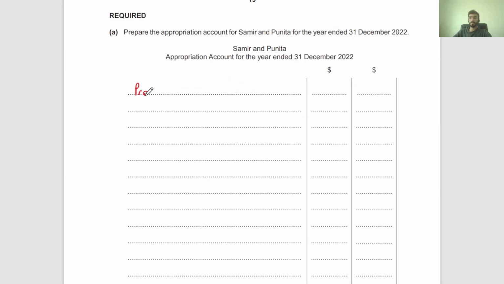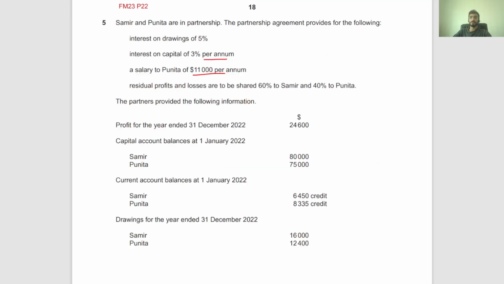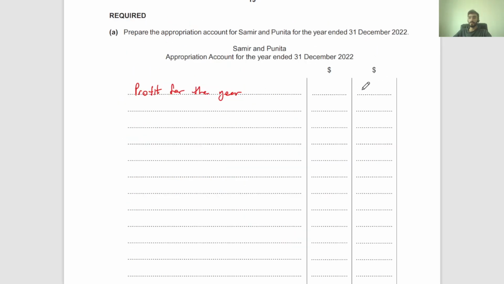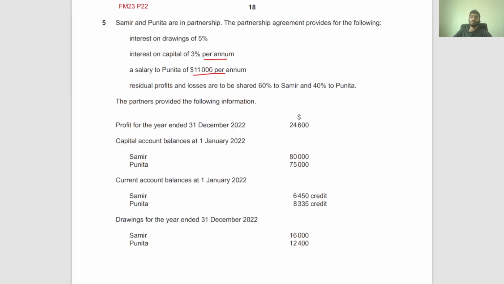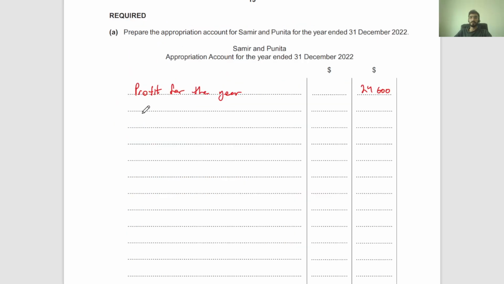The profit for the year is 24,600, and we will start deducting and adding things, the relevant figures. We firstly have interest on drawings. Let's deduct that. Less interest on the drawings.